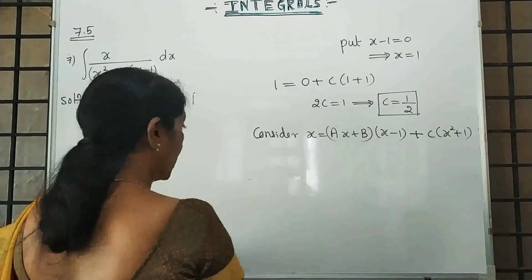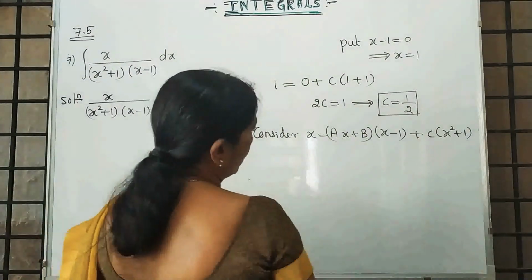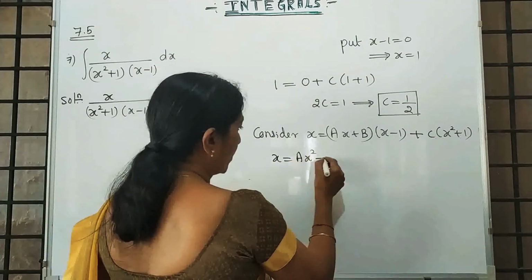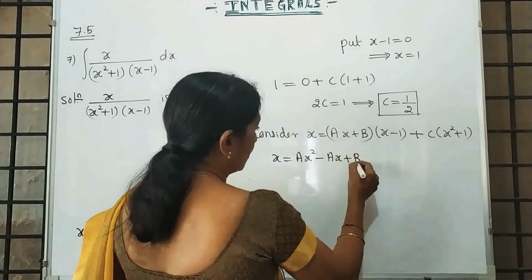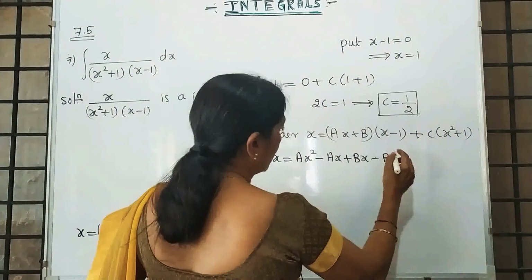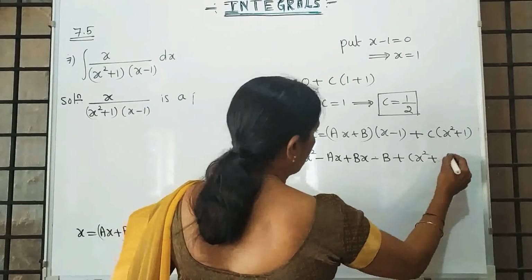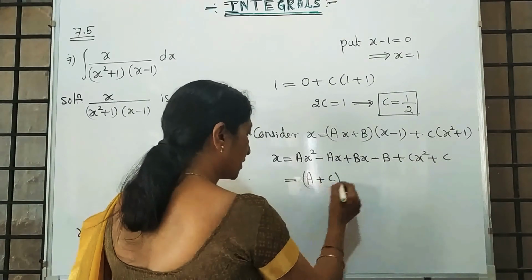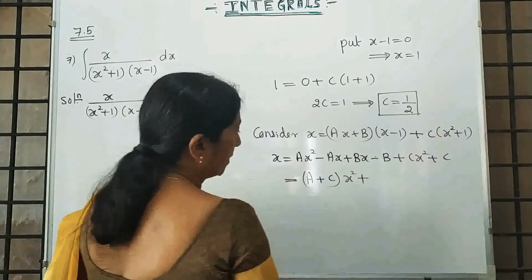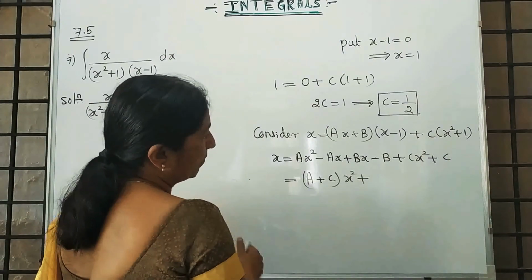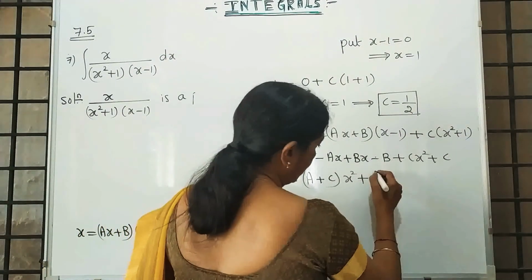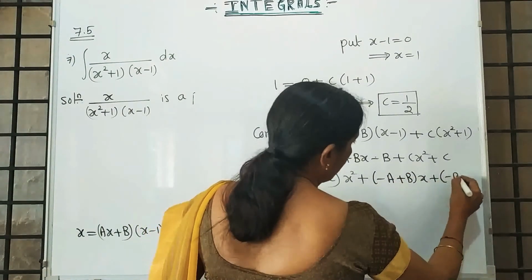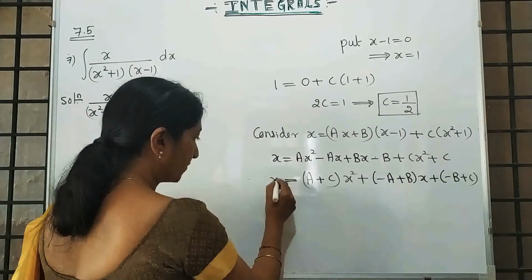Remove the brackets on the right side and equate the coefficients. x is equal to ax square minus ax plus bx minus b plus cx square plus c. Write down the term with x square, that is a plus c. Then the term with x is minus a plus b. Then the term without x is minus b plus c.